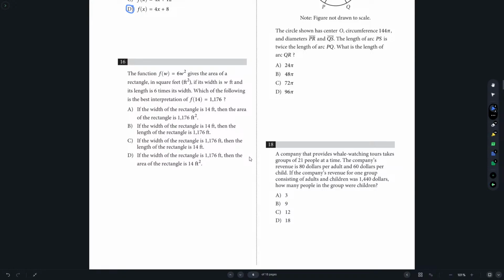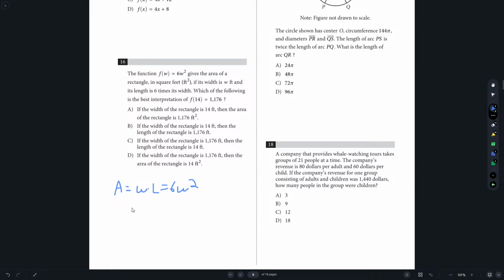The function f of w is equal to 6w squared, gives the area of a rectangle in square feet. If its width is w and its length is 6 times its width, which of the following is the best interpretation of f of 14 is equal to 1,176? So a rectangle's area is width times length, which in this case is 6w squared.